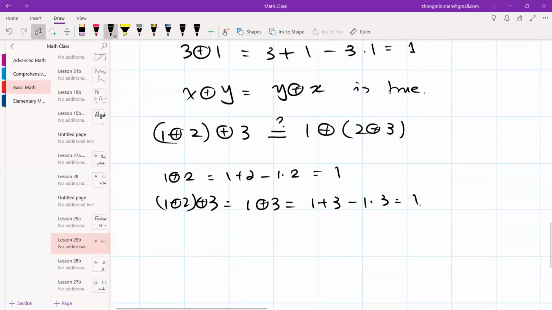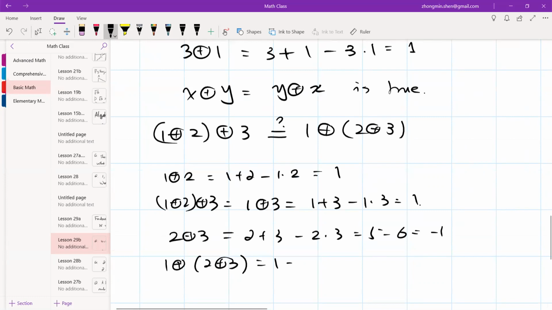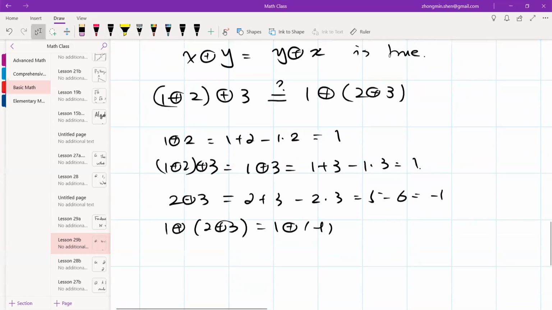All right, now let's do the next one. 2 circle-plus 3 is 2 plus 3 minus 2 times 3, which is 5 minus 6, negative 1. Then 1 circle-plus negative 1 is 1 plus negative 1 minus 1 times negative 1.